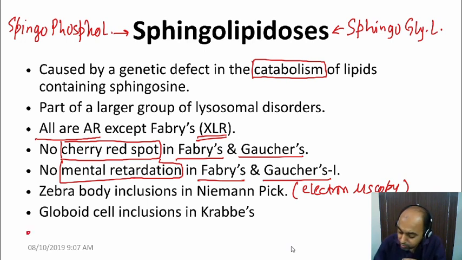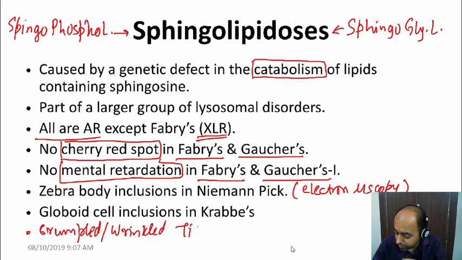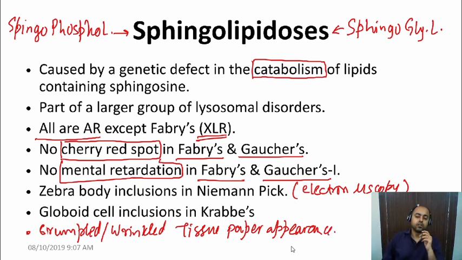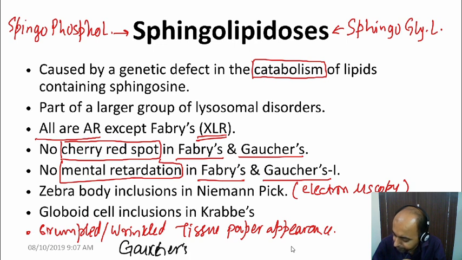We also have cells having a crumpled or wrinkled tissue paper appearance. These are known as the Gaucher cells.